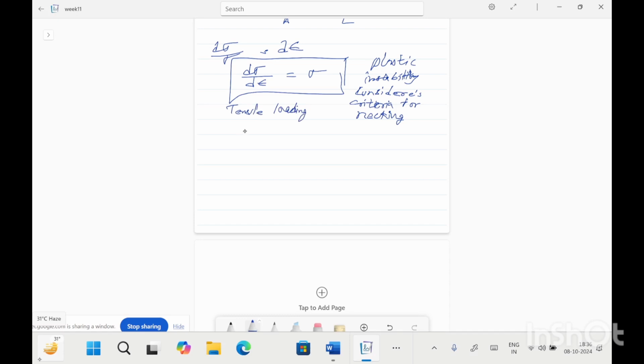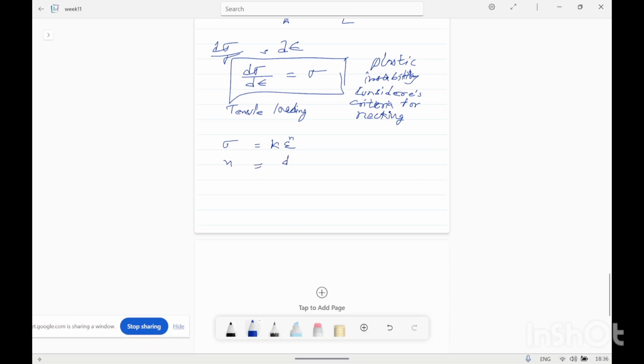The stress can also be written as a power law equation, sigma equals K epsilon to the n, where n is the slope between sigma and epsilon. That can be written as d ln sigma by d ln epsilon.